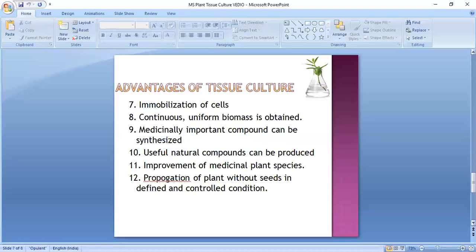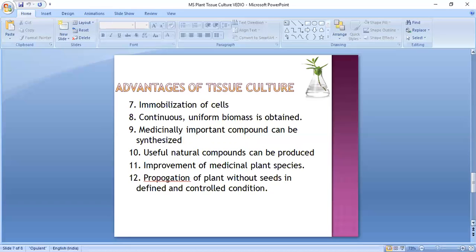Next point, continuous uniform biomass is obtained through the plant tissue culture, and that biomass is nothing but different cells which are obtained through the plant tissue culture.